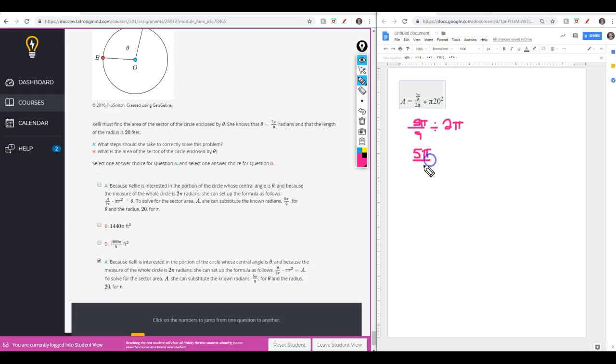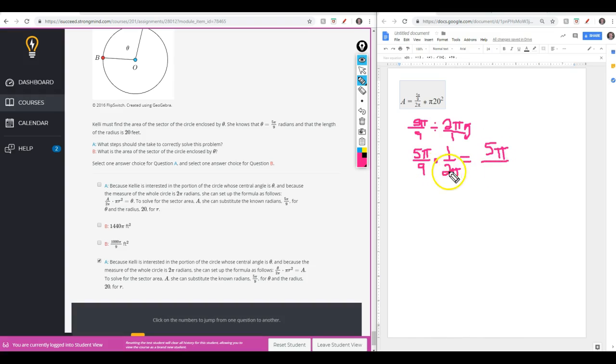So 5 pi ninths multiplied by the reciprocal, which would be 1 divided by 2 pi. Some of you might be saying, oh, where did the 1 come from? Well, any whole number can be written as a fraction over 1. So when you make a reciprocal, you just flip the fraction on its head. So then it'd be 1 divided by 2 pi. We're going to keep rolling with this. 5 pi times 1 is equal to 5 pi.